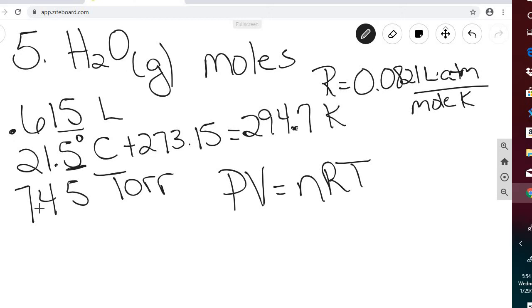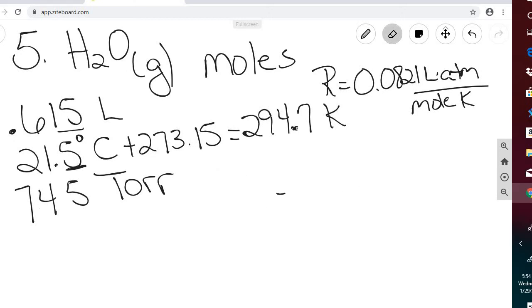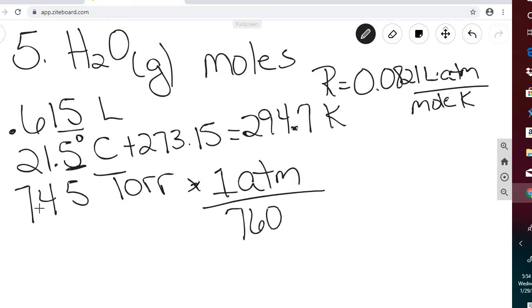Now we need to deal with pressure. And we need to get pressure in atmospheres. We're changing to atmospheres, so that goes on the top. And 1 atmosphere is 760 torr. So torrs cancel.